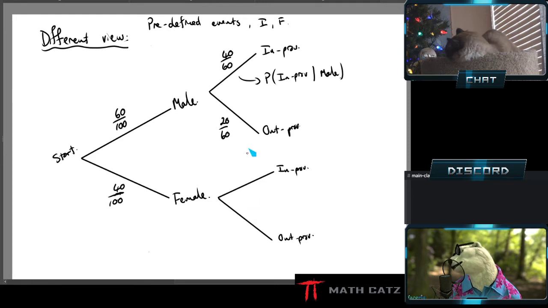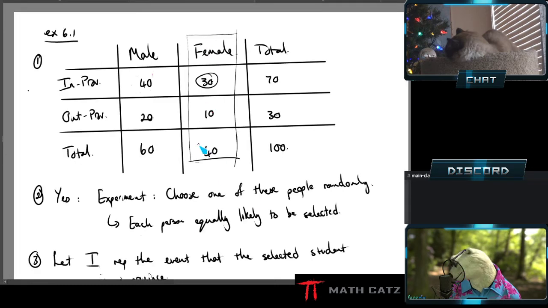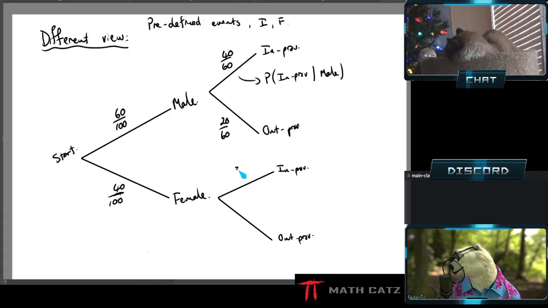And they can answer with different probabilities, but it's restricted to the females. From the females, there are 40. 30 are going to answer in province, 10 are going to answer out of province. So the probability of being in province given you're female is 30 out of 40, out of province, 10 out of 40.